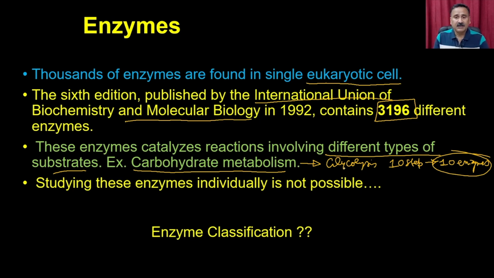Because the enzyme number is very high, and they utilize different types of substrates, studying these enzymes individually is not possible. If you can group them together, it is easier, because you can study one representative from the group, and that itself helps you understand the general mechanism.